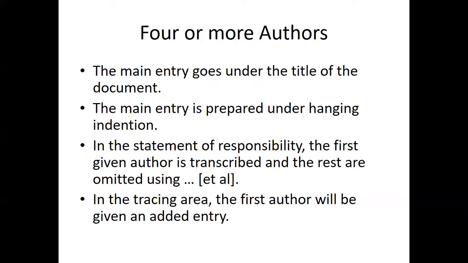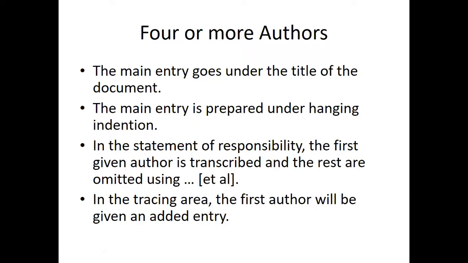How does it look like? In the second bullet, when the main entry goes under the title, the main entry is prepared under hanging indention. It is like it is hanging when we shall see it visually.